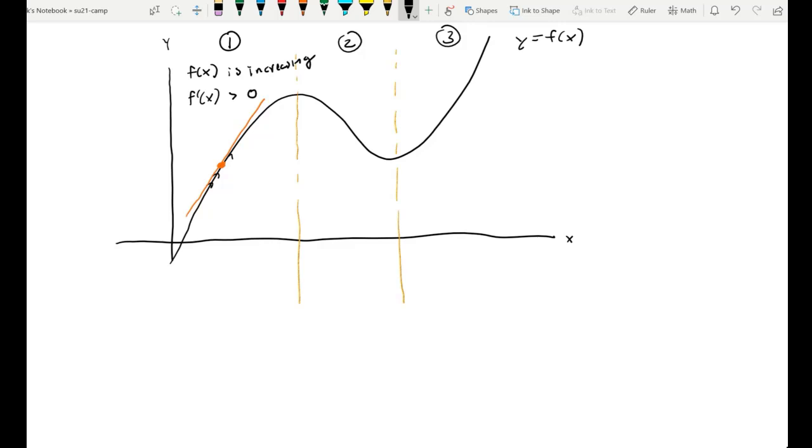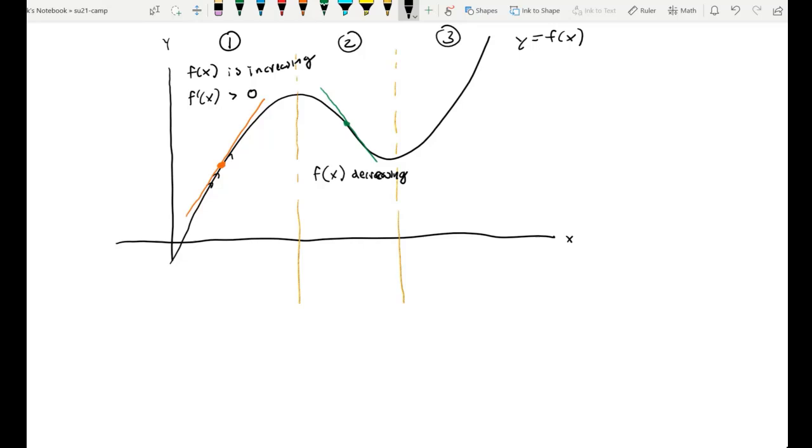Okay. Now on the next interval, what can we say about our function f? Is it increasing or decreasing? It's decreasing, yeah. So f is decreasing. So as x goes up, the y values go down. You're going downhill if you're traveling from left to right. And then also we see that the slope of a tangent line on that interval would be downward sloping.